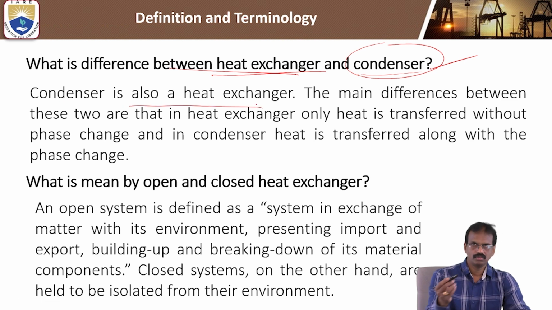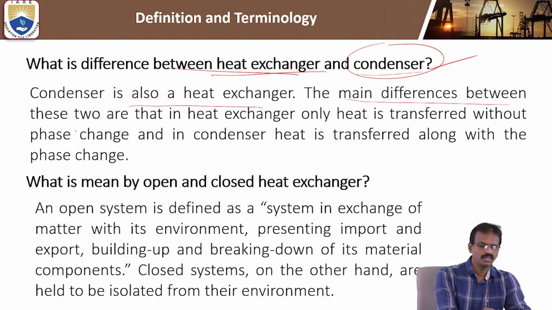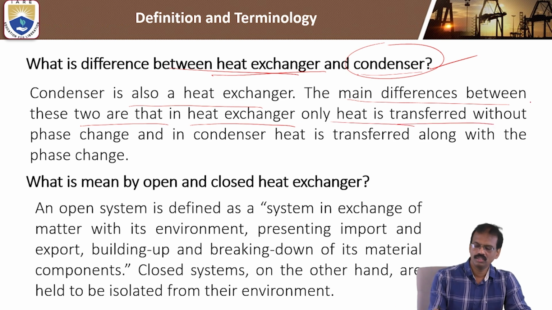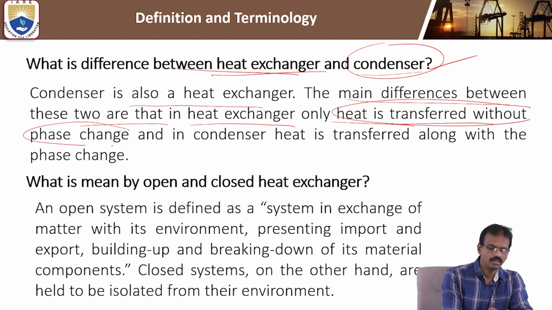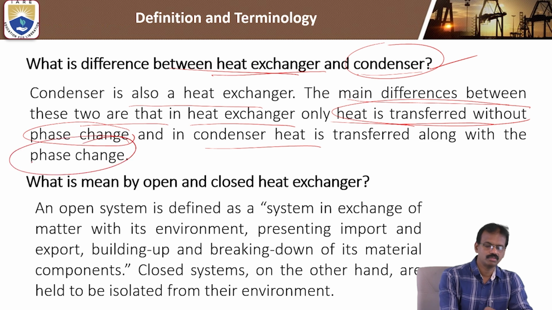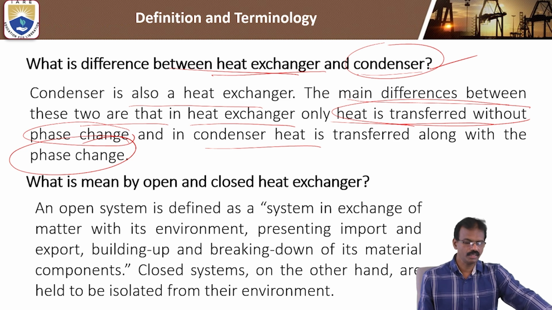Condenser is also a heat exchanger, but in a plain heat exchanger, we'll see only heat transfer, but in condenser, we'll see heat transfer along with the phase change. The main difference between these two is that in heat exchanger, only heat is transferred without any phase change, but in condenser, heat is transferred along with the phase change. So that is the main difference between heat exchanger and condenser.